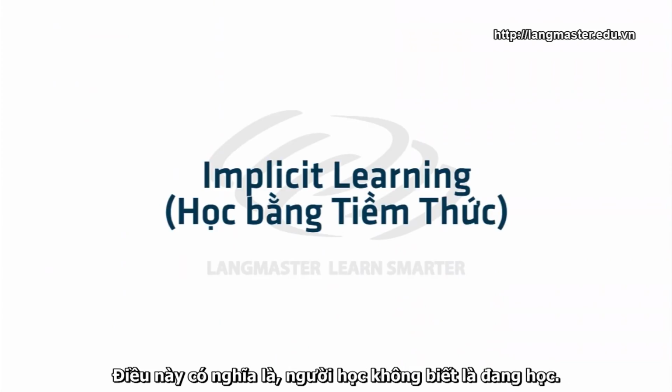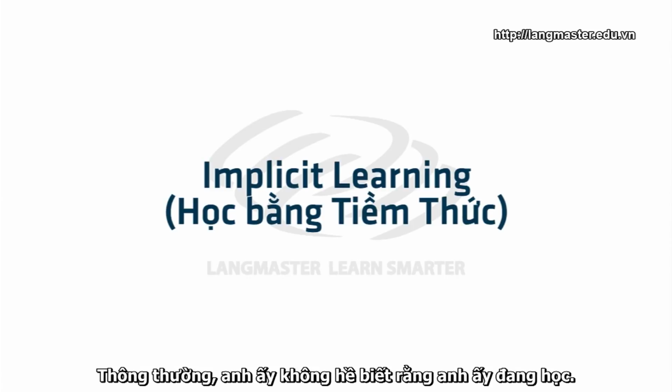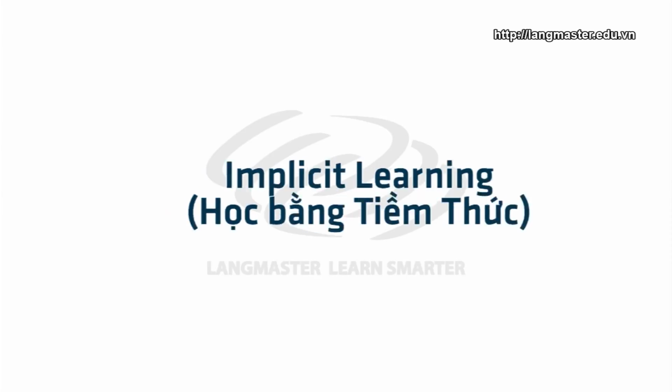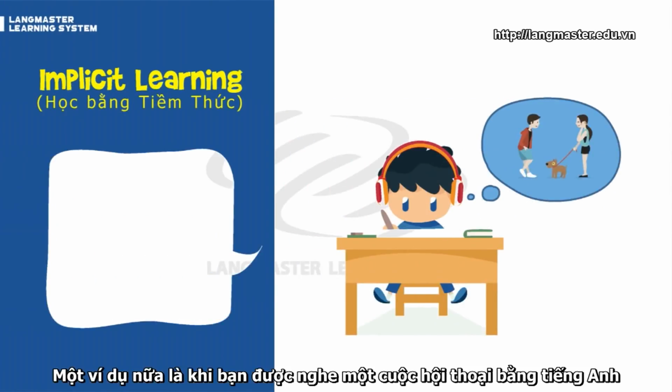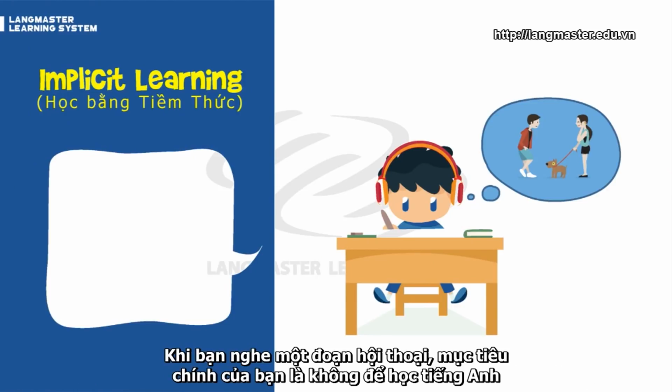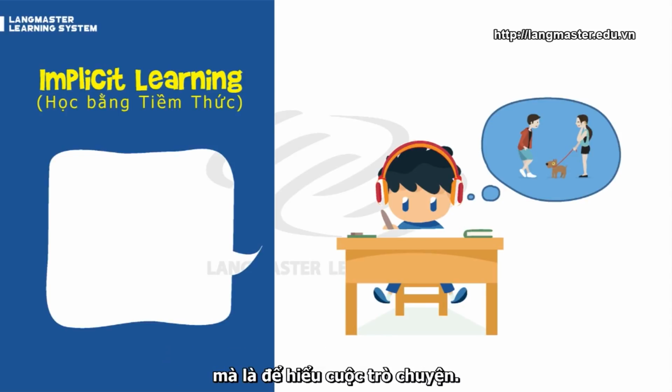The second type of learning is called implicit learning or unconscious learning. In implicit learning, the learner doesn't know what is being learnt. Mostly, he's not even aware that he's learning something. The learning happens unconsciously. One example of implicit learning is listening to a conversation in English. When you listen to a conversation, your main goal is not to learn English, but to understand the conversation.